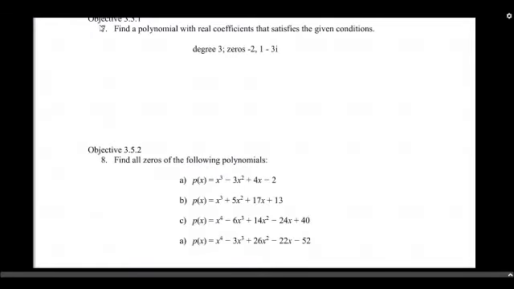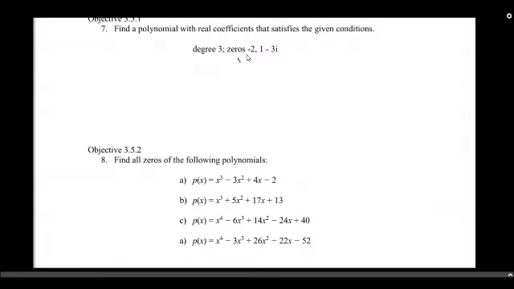Okay, hopefully you got my message that there was a typo when I originally sent this out on question 7. It's supposed to be degree 3, but there was one too many zeros. So I took off one of the zeros. I think it used to be 1.